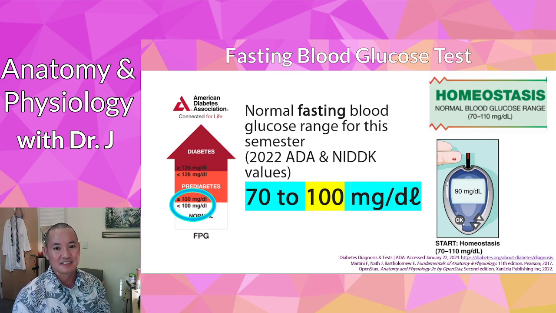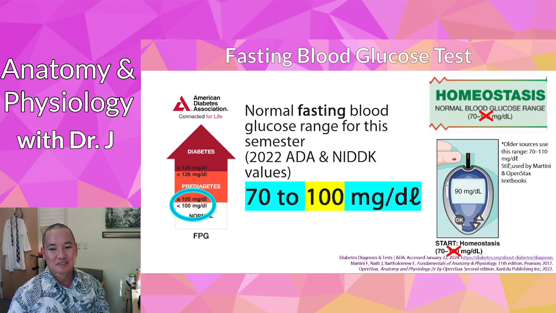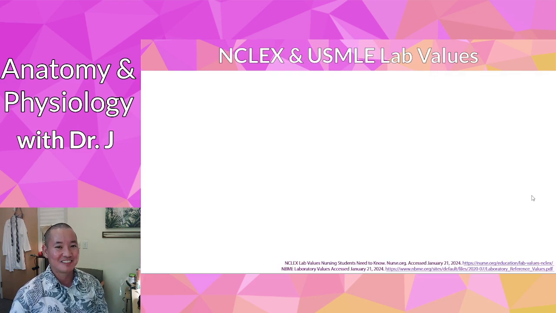So basically, everything diabetes, they're the authorities on that. So the two authorities use this, but it's not just those two. This is why I'm crossing out that 110, because that's an older value you see in older textbooks, but the Martini and OpenStax textbooks still use it. Now, if you're going to go into nursing, or if you're going to go into medicine, you have to take the licensing exams.